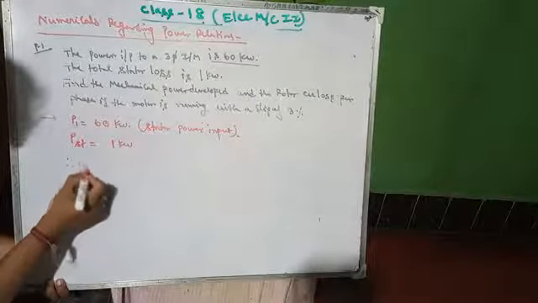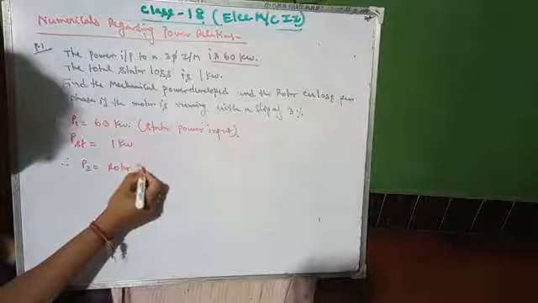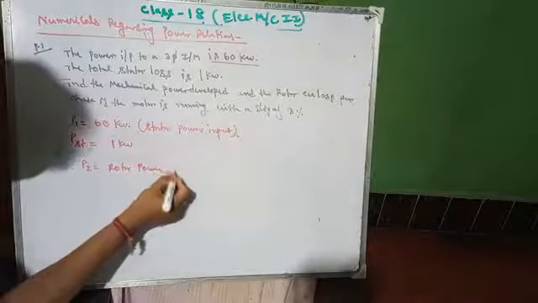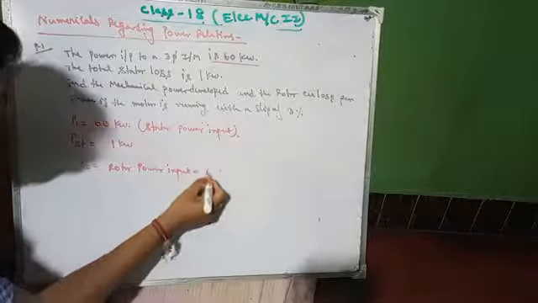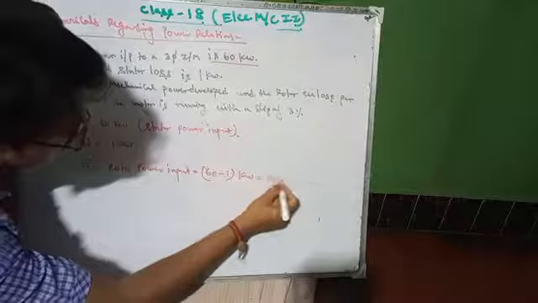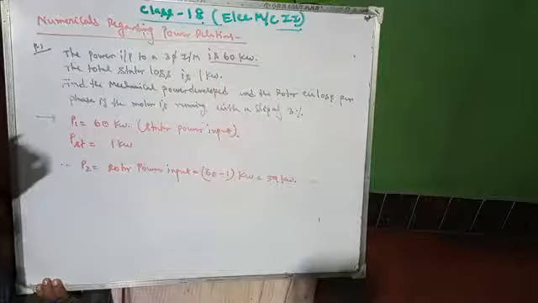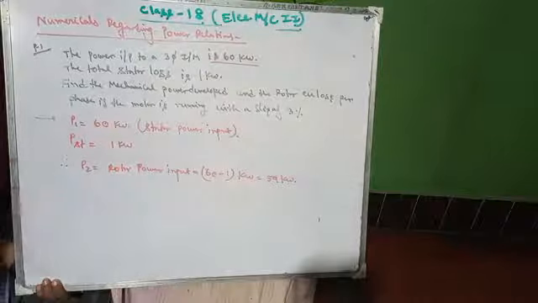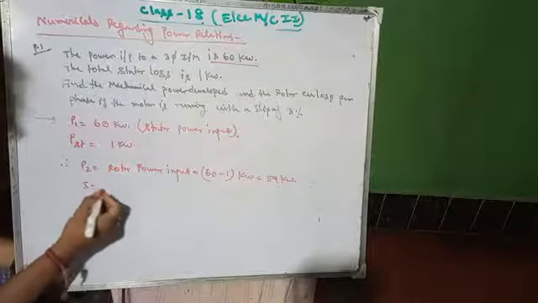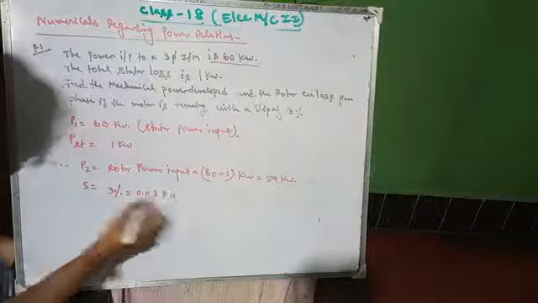Therefore, P2, the rotor power input, equals 60 minus 1 kilowatt, that will be 59 kilowatt. Okay. And the rotor copper loss you have to find, and slip is given 3%, that is 0.03 PU.